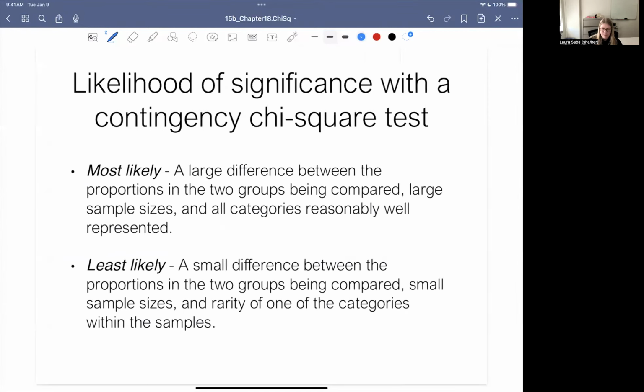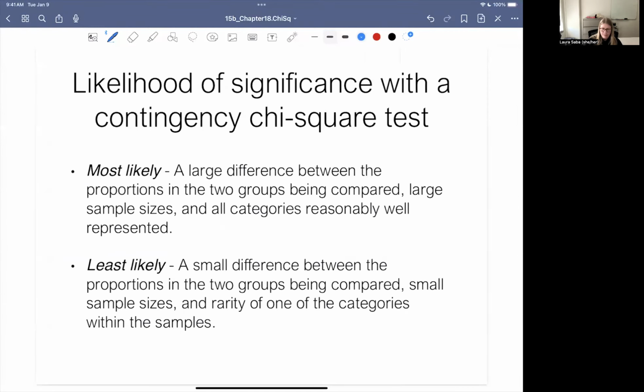You're not likely to get a significant result if you have a really small difference in proportion between the two groups, really small sample sizes, or if one of the categories is super rare within your groups. So comparing 5% to 10% is going to be harder to get a significant result than 55% to 50%.